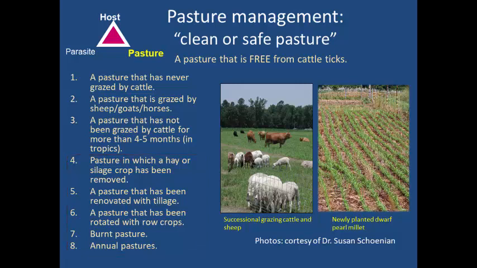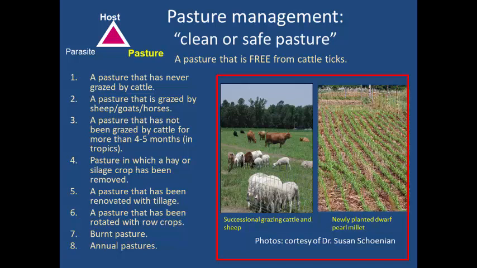I borrowed these two photographs from Susan Shanian from the University of Maryland with examples of two practices for the control of roundworms in small ruminants. But the idea could be equally relevant for the cattle tick. The first one is to alternate grazing between cattle and sheep, since they both don't share the same type of parasites, with very few exceptions, like the liver fluke maybe.